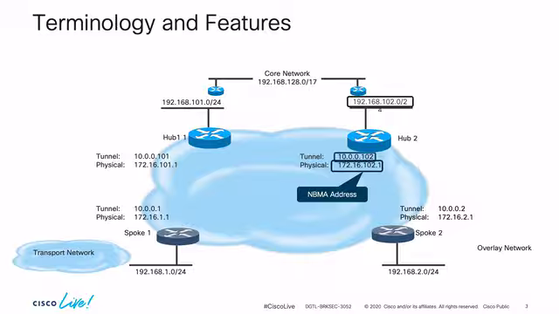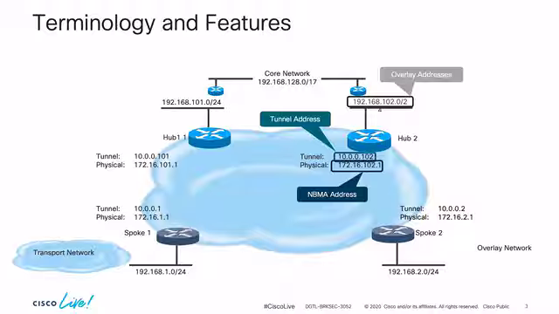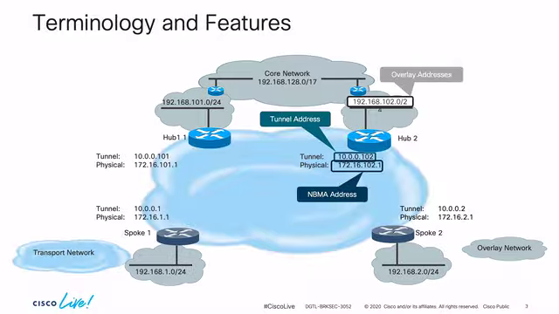The tunnel address is nothing but your GRE tunnel's address, by which it is identified. The overlay address is part of the overlay network, which is also your core network. Basically, this consists of the IP subnets in the network which you want to encrypt via the DMVPN tunnel.